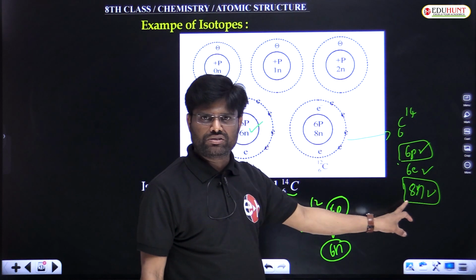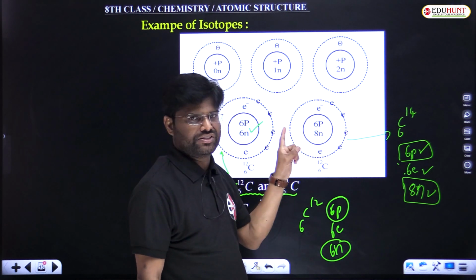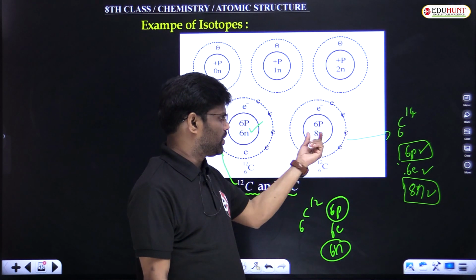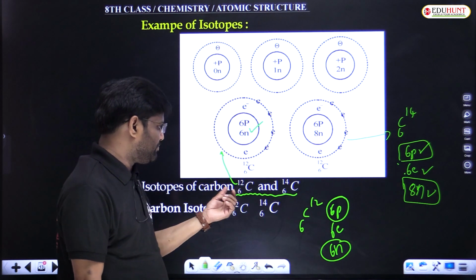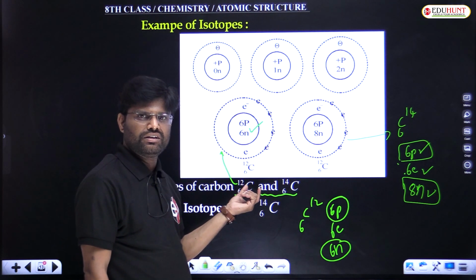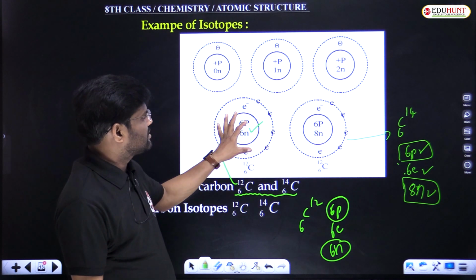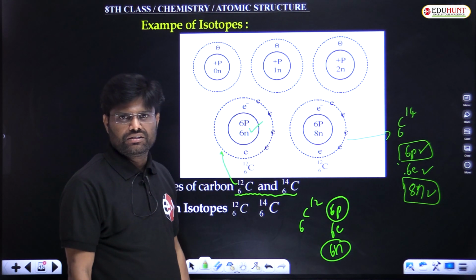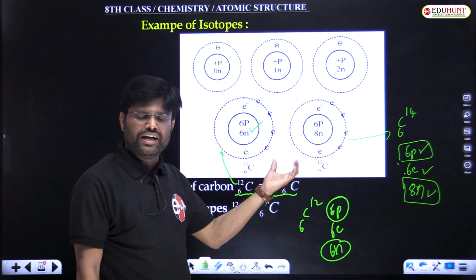Then the 6 electrons revolve around the nucleus. This is the second isotope of carbon, and that was the first isotope. Understand, children? This is the structural representation of the isotopes of carbon.